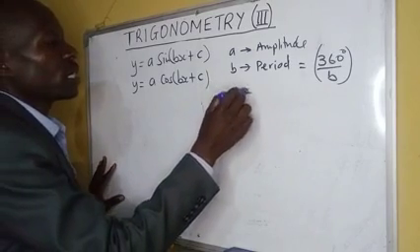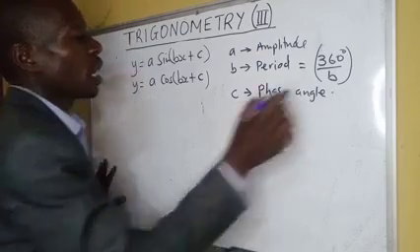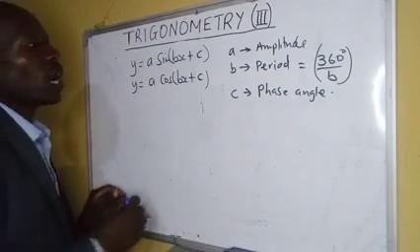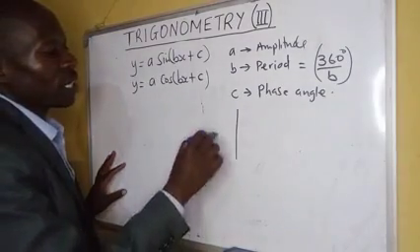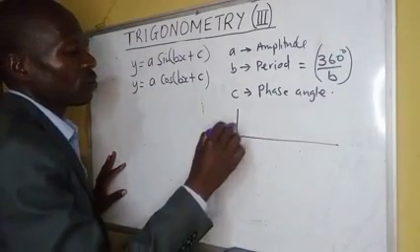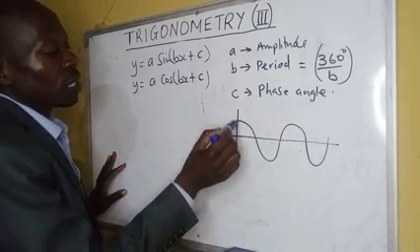Then C gives you what you call the phase angle. The phase angle tells you how late or early a particular wave has begun in a particular movement as it moves. Maybe it has started late.